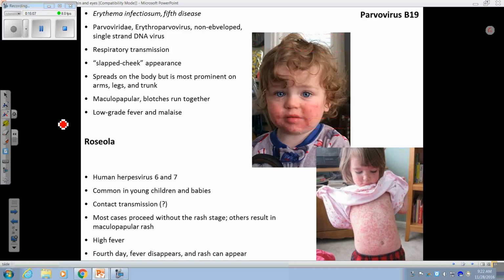These two viruses are fairly benign, the parvovirus B19 and Roseola virus. Parvovirus is a single-strand, small, non-enveloped DNA virus, which is transmitted by respiratory route and causes a very characteristic slapped cheek appearance on children, also called fifth disease.